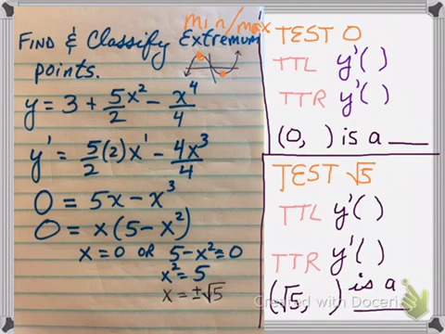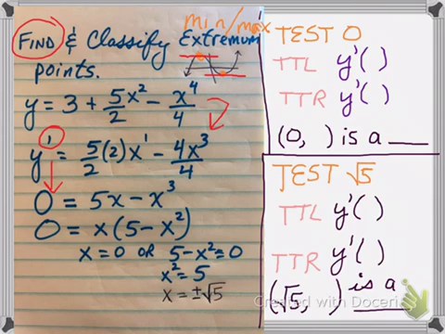Something that's true about extrema points is if you draw a tangent line at an extrema point, whether it be at a minimum or a maximum, notice that the tangent line is horizontal, and the slope of that horizontal line would be 0. So the way you're going to find extrema points is by taking the derivative, which in this case we just do the power rule, and you set it equal to 0.